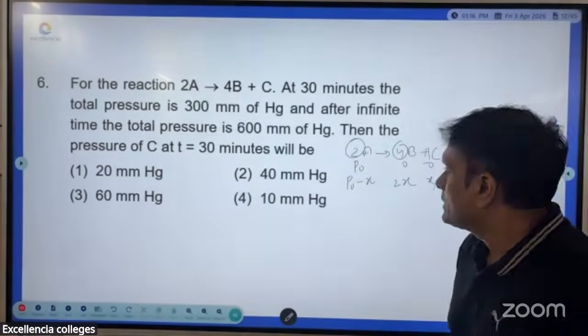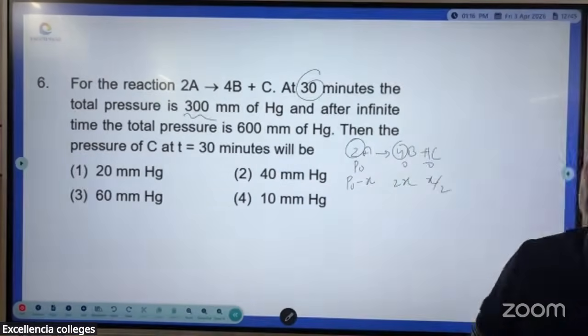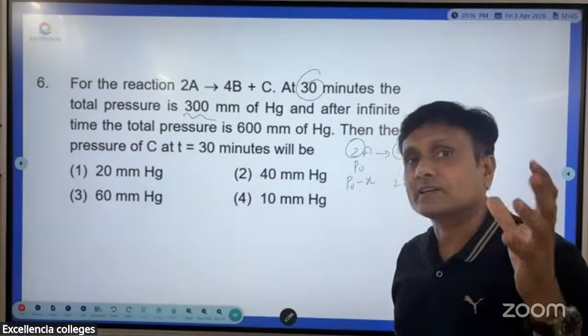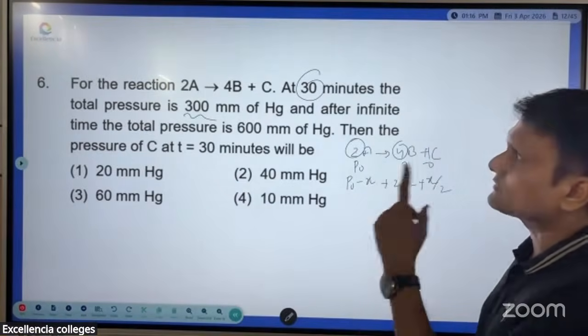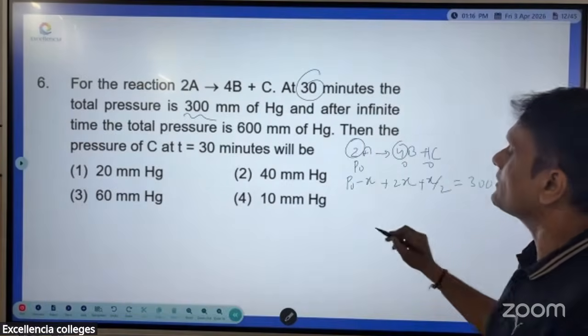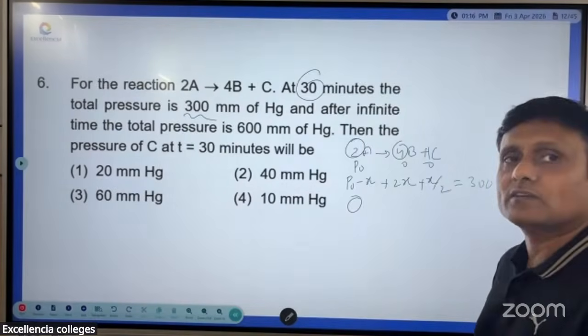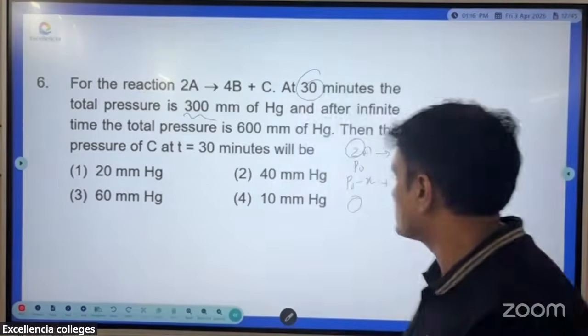Now you're given the information that after a certain time, 30 minutes, the total pressure was going to be how much? 300 millimeters. So how do you find this out? Sum it up, because all the 3 gases sum to 300. Now after a very long time, or infinite time, it is presumed that the reaction completely gets over. This becomes 0.